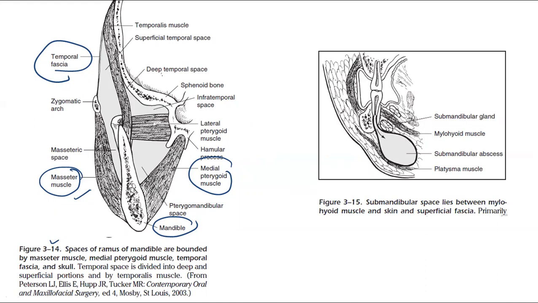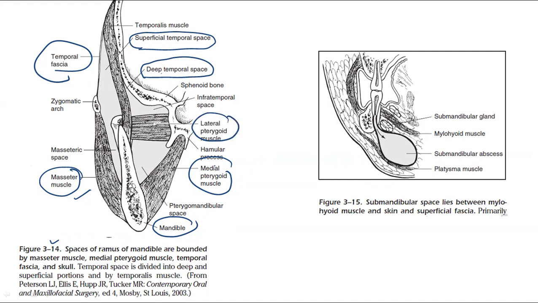So this is deep, and this is the superficial temporal space, separated by the temporalis muscle. So the spaces of the ramus of the mandible are bounded by the masseter muscle, medial pterygoid, temporal fascia, and skull. And this is the lateral pterygoid.